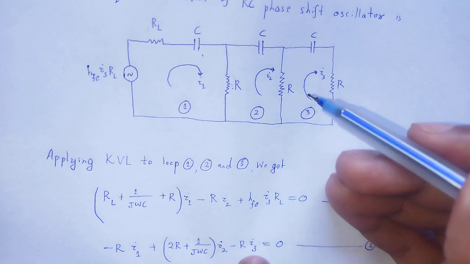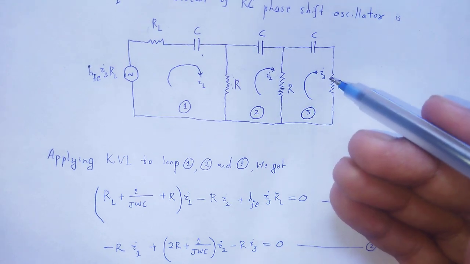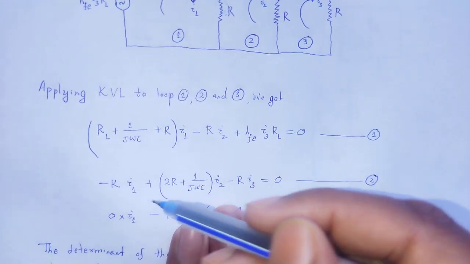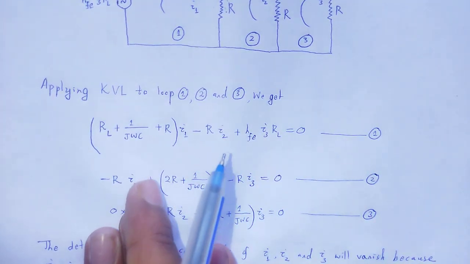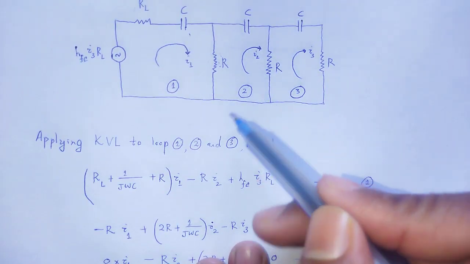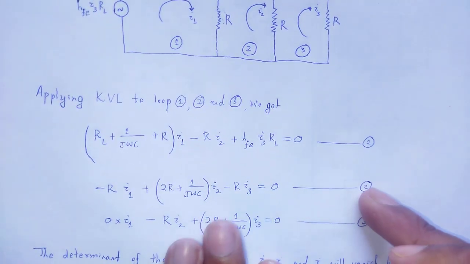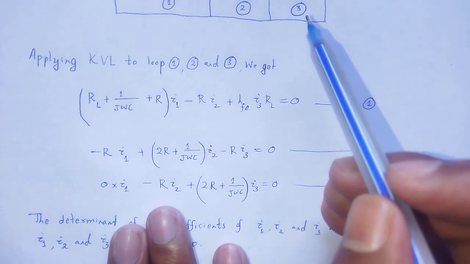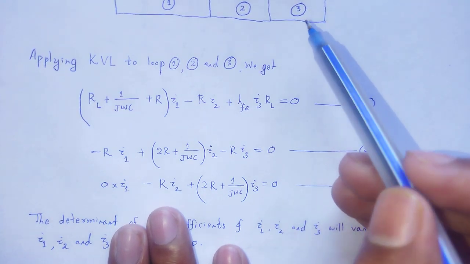In this way anybody can use the sign convention to write the equation. In terms of I1, I2, I3 we use KVL in loop number 2 to get equation number 2. Next, in loop number 3 we apply KVL.